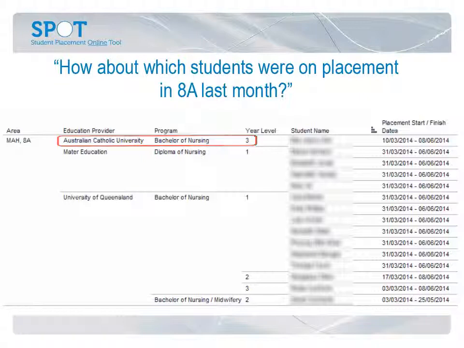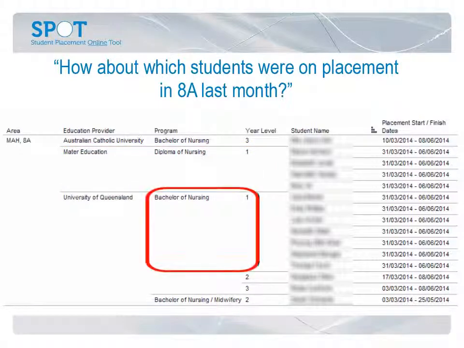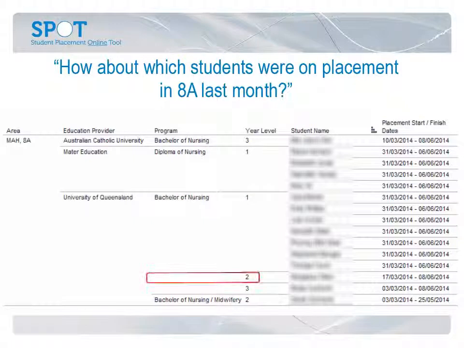They also had 4 first-year Diploma of Nursing students from Mater Education, 7 first-year Bachelor of Nursing students from the University of Queensland, along with a 2nd year and a 3rd year, and also an additional 2nd year student who was studying a dual degree of Bachelor of Nursing and Midwifery from UQ. So all up, 8A is accommodating 15 students from across 3 different education providers.